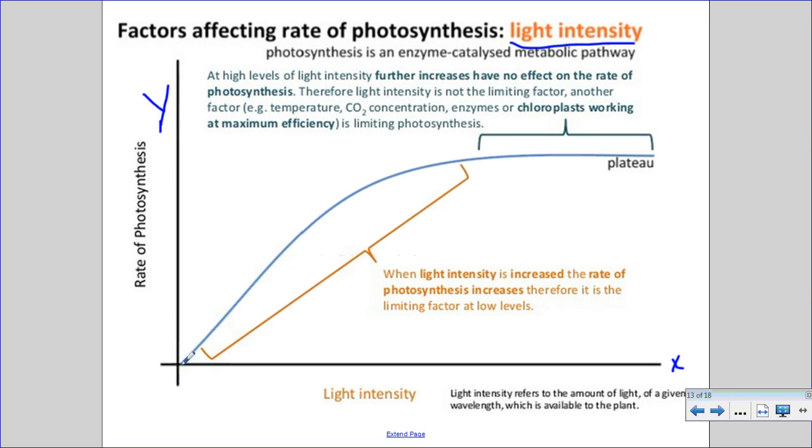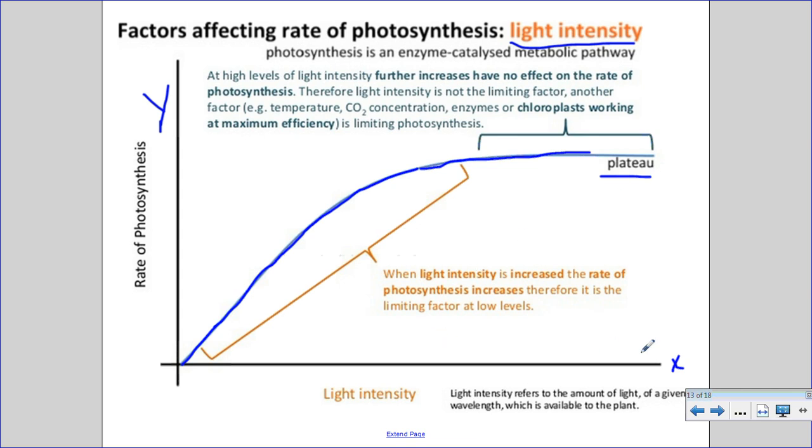And then at low levels of light intensity, the rate of photosynthesis is rather low. But as that light intensity starts to increase, that rate of photosynthesis will start to increase as well. And they'll reach a point where a plateau is hit, where the rate of photosynthesis no longer increases.